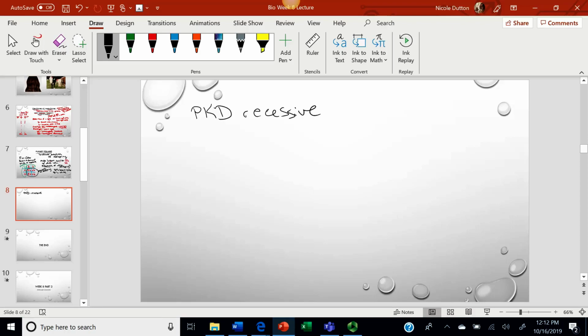We're going to use the letter D because D looks much different whether it's a capital versus a lowercase letter. So if they have it, they are going to be recessive, little d, little d. If they don't, they can be either big D, big D, or big D, little d.